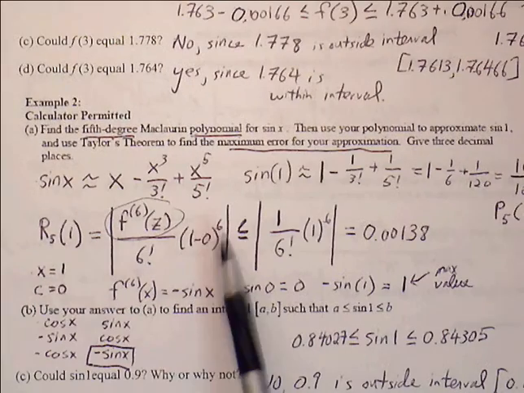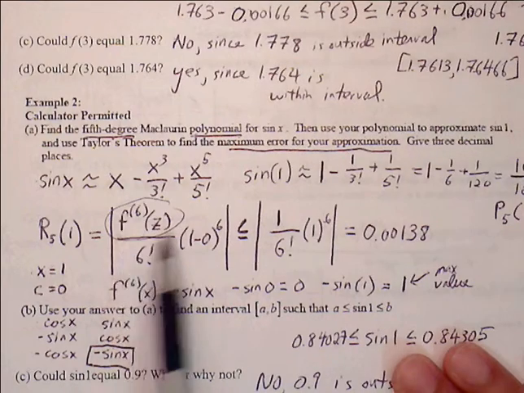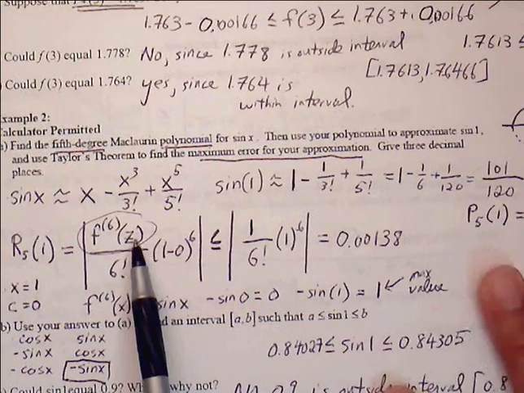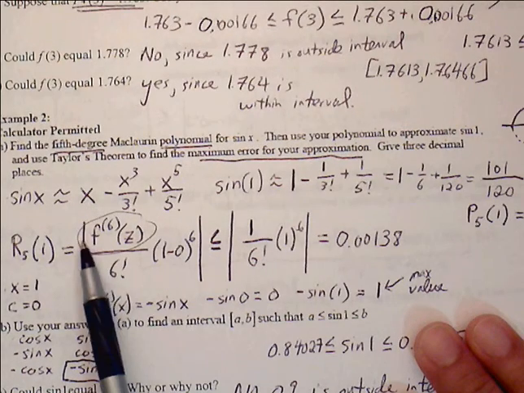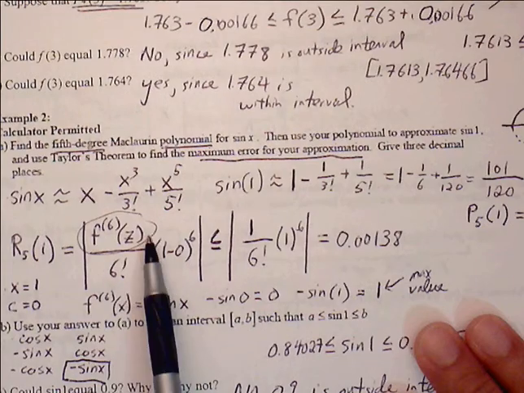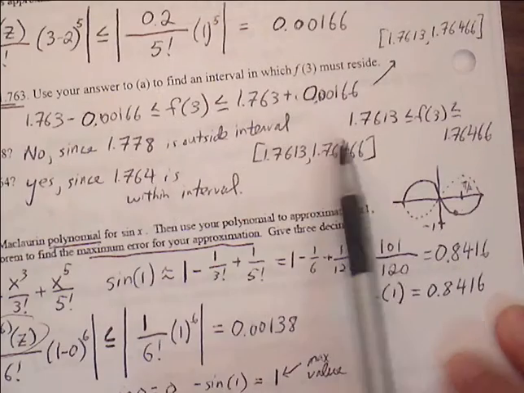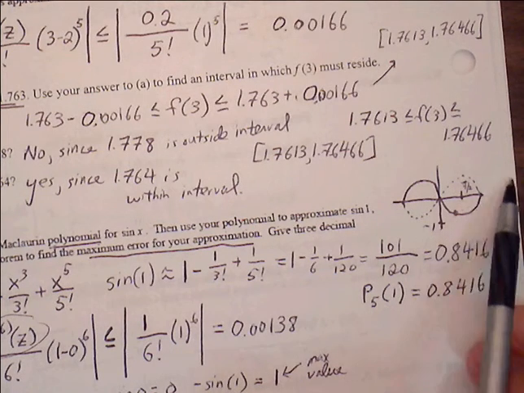All right, so now we know f of 6 evaluated at z. Let's think about the worst case scenario. What is the largest value that this sine curve can take on? If we think of a sine curve, it oscillates between y values of negative 1 and 1.